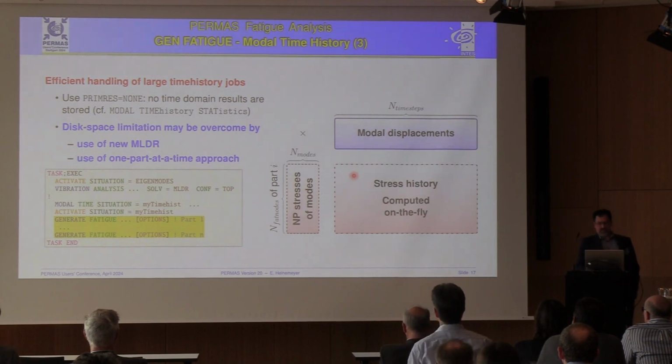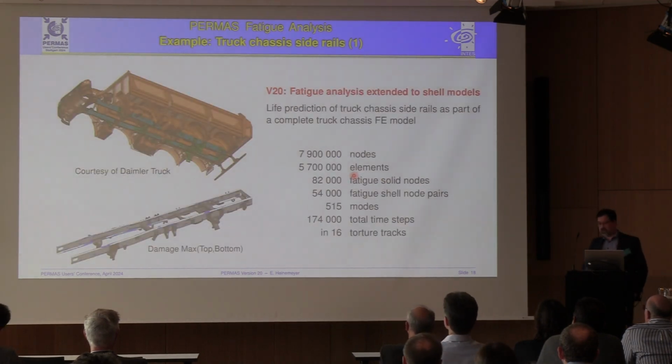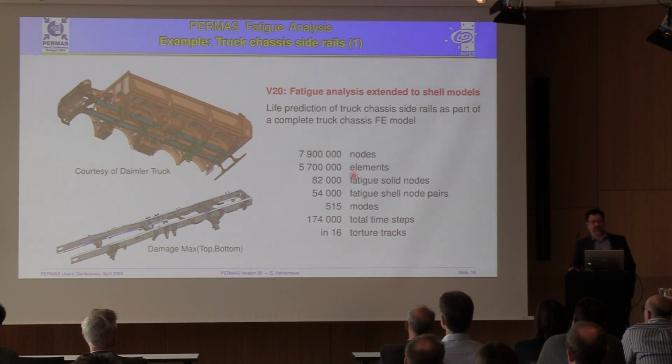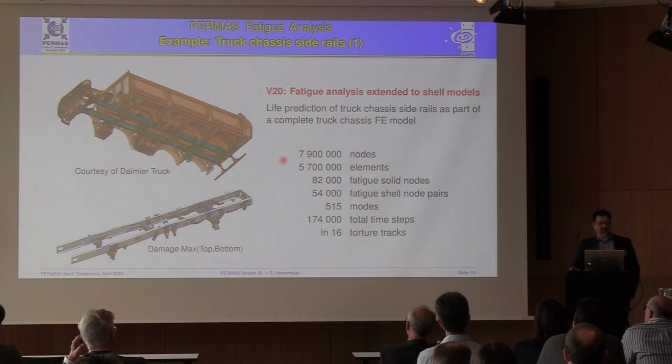So an application of these things I would like to showcase now on this model that you already have seen being mentioned at least in 2 talks today. So it's again, what we've done now is, as we extended the fatigue analysis for the shell models, we included the truck chassis side rails as part of this complete truck chassis.